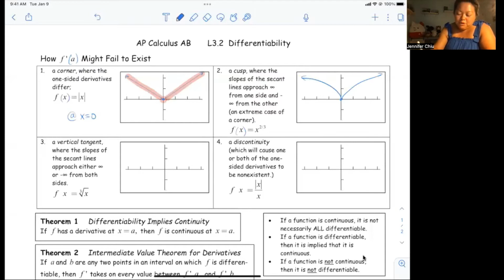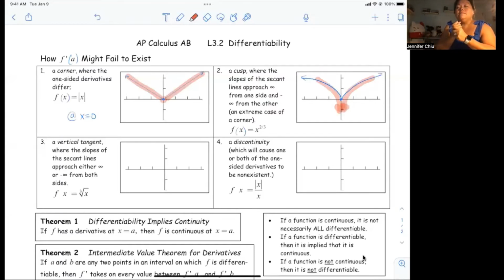So they're both approaching infinity. This graph is going vertical down, and this graph is also heading vertical down, right? So it is creating that very extreme slope, and there is no gradual change from one to another, very similar to the absolute value function we have in number 1. So that is a cusp there.